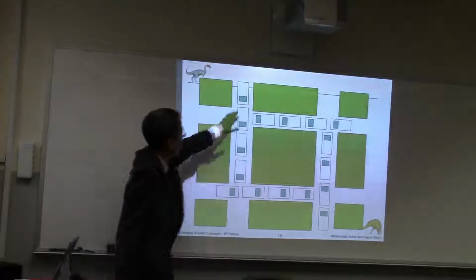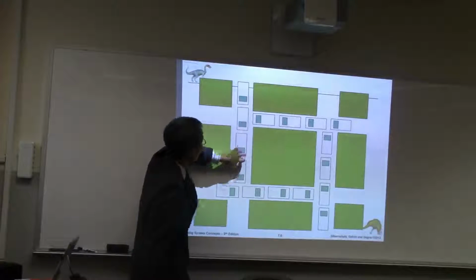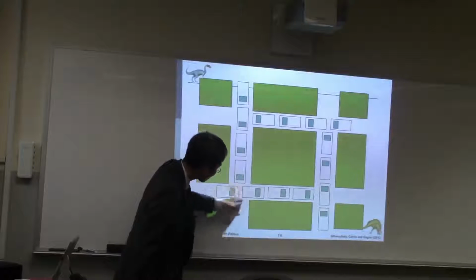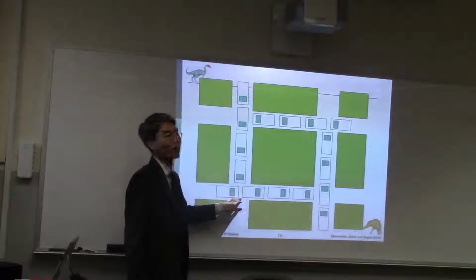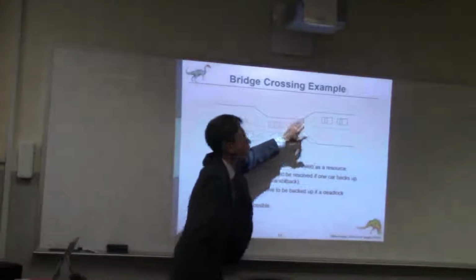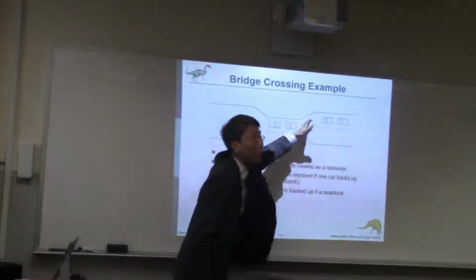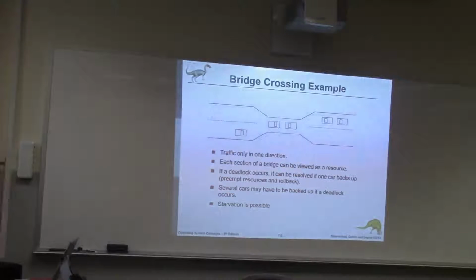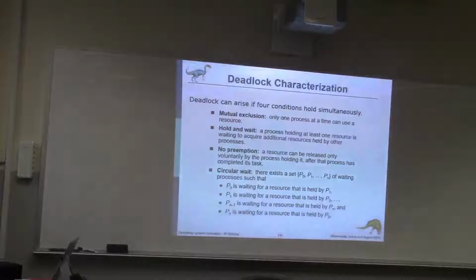This sequence of cars is holding the current resource and waiting to cross this intersection. And the same here, holding this way and requesting, waiting for this way. Always hold and wait. So that is the second characteristic of deadlock.